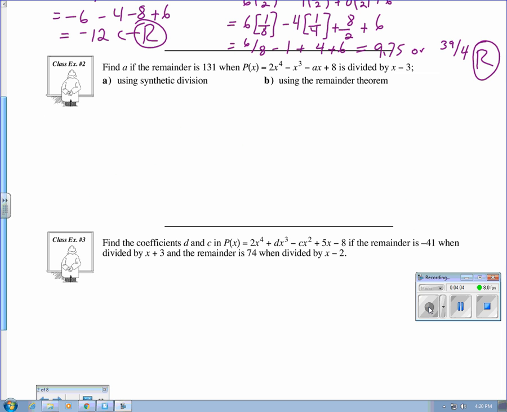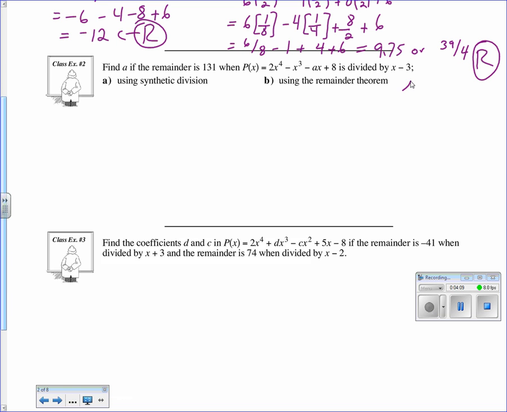So again, I'm not going to use synthetic division anymore. I'm going to plug and play on my potential factors. x minus 3 is equal to 0. x equals 3. That's going to be my substitution in. Now it says that the remainder was 131. So 2 times 3 to the power 4 minus 3 to the power 3 minus a times 3 plus 8 is 131.